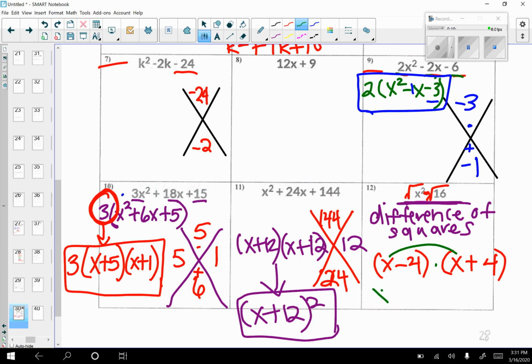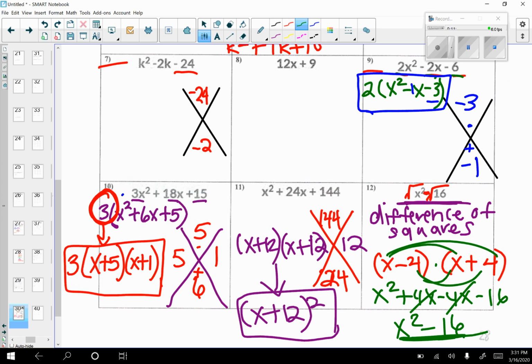So here we have x squared plus 4x minus 4x minus 16. These cancel and I'm left with x squared minus 16. So difference of squares says if you have something like this, you can just break it into this because you know that's where it comes from. We'll go over more difference of squares problems, but that should get you started.